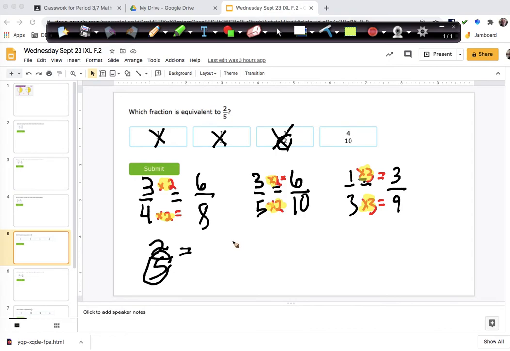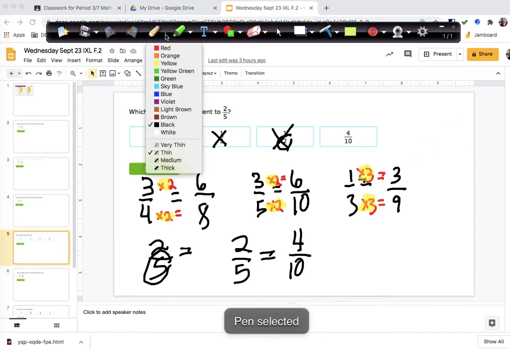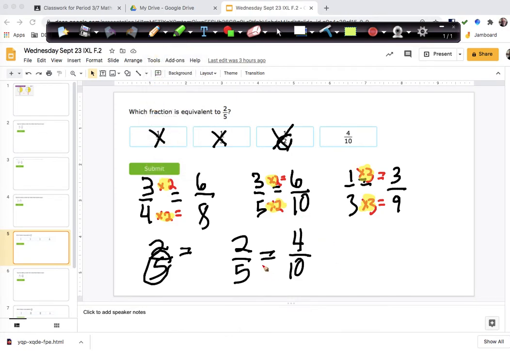So I'm going to just rewrite this. 2/5 is equal to 4/10. So let's figure out what the multiplier is. 5 times 2 equals 10. 2 times 2 is equal to 4.